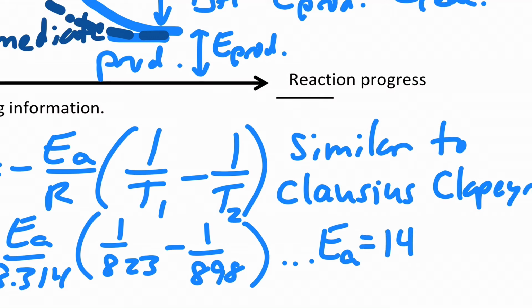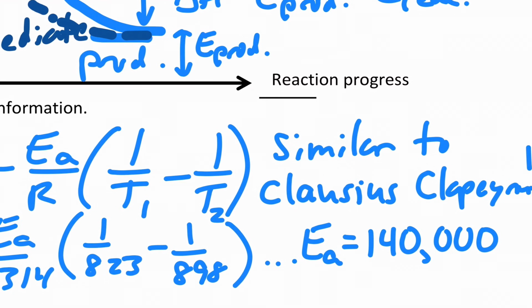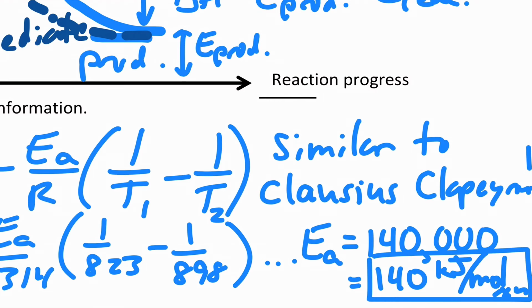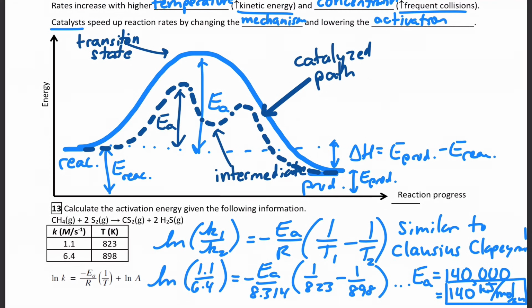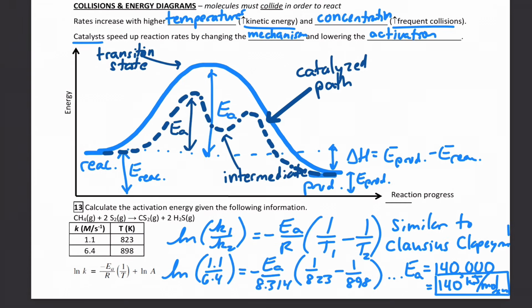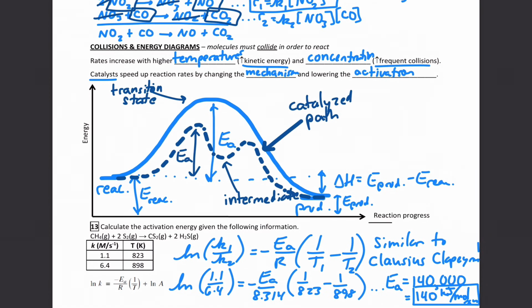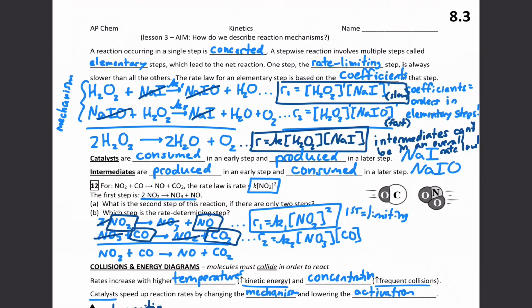And it turns out to be 140,000, which is 140 kilojoule per mole of this reaction, whatever this reaction is. So that's just a quantitative way to get the activation energy from rate constants and different temperatures of a reaction. That's how we could experimentally get whatever it is for a reaction. That's not on the AP, but you might see it in later chemistry classes.